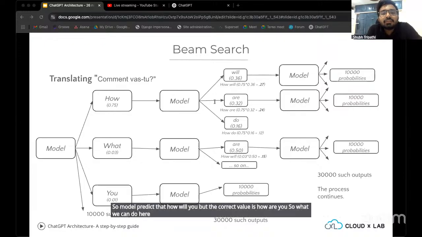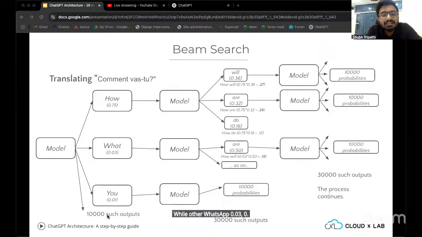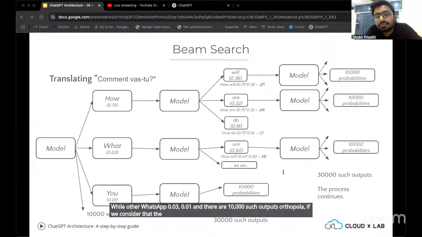Since the model produces one word at a time, the first word is "how," because it's the most probable. It has a probability of 0.75, while other words have 0.03, 0.01, and so on, for 10,000 such outputs. Suppose the dictionary is 10,000 words long.